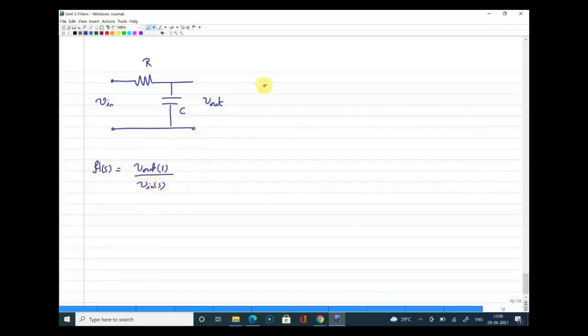Now how will I write output in terms of input? You can assume that these are two impedances, which means this is simply acting as a voltage divider. So I can write output as input times the impedance of the capacitor divided by the total impedance, R plus 1 by sC.